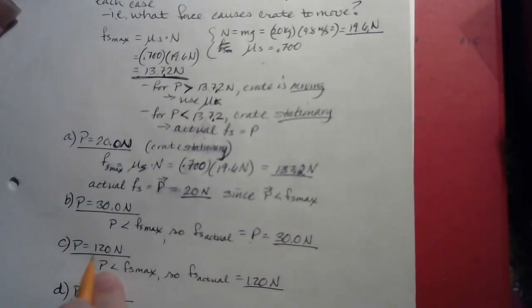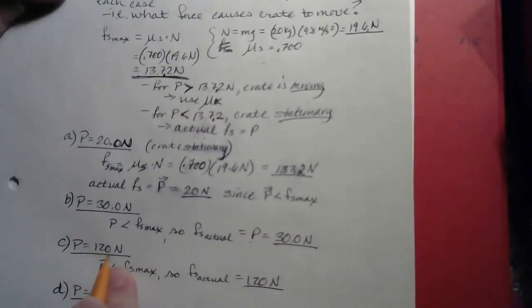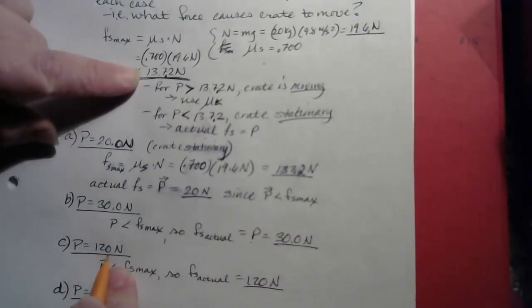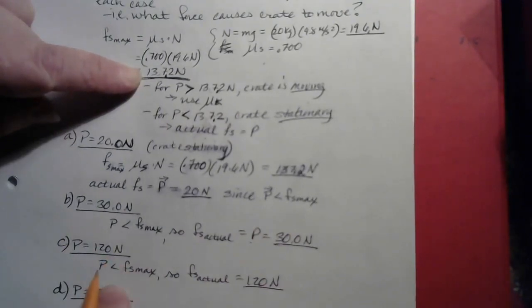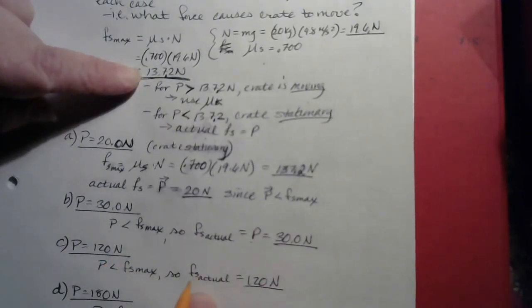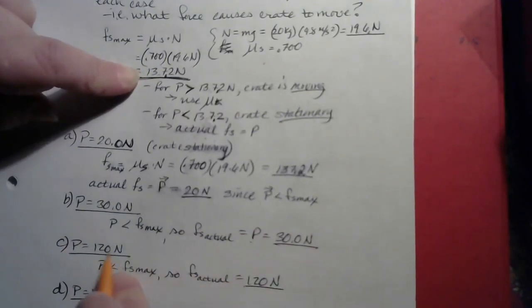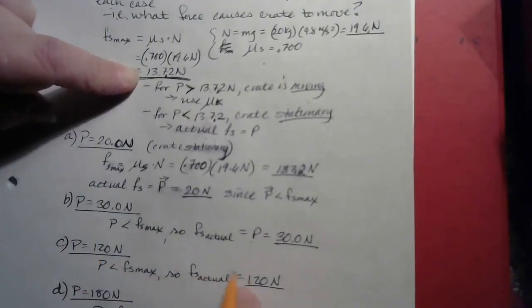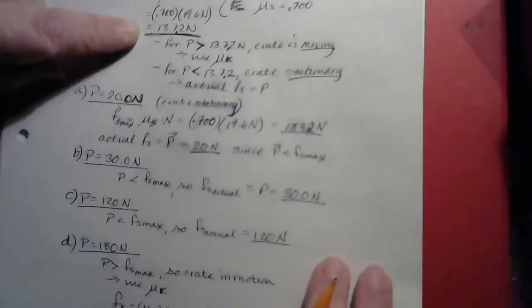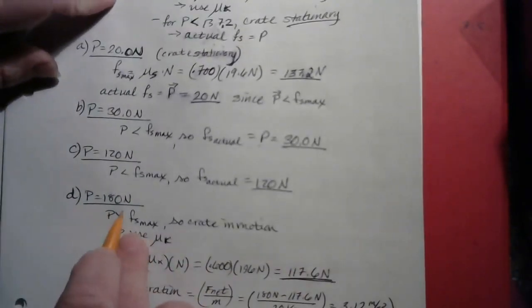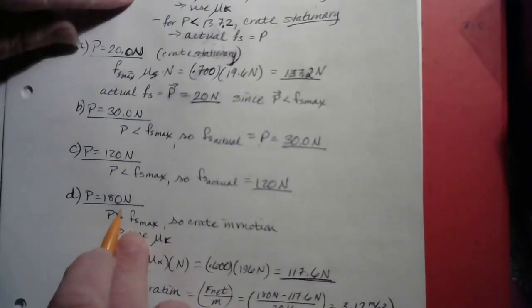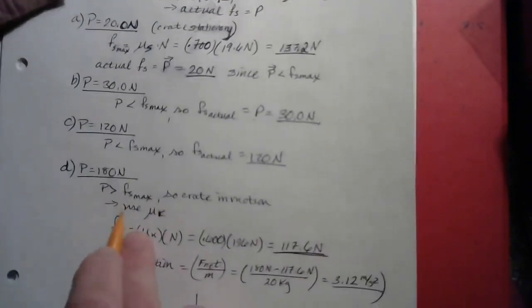For part C, they've upped it to 120 newtons of pushing force, but that's still less than 137. So the actual force of static friction is the same as the magnitude of the pushing force, which is 120 newtons. But for part D, they've upped it to 180 newtons. 180 newtons is greater than 137 newtons.